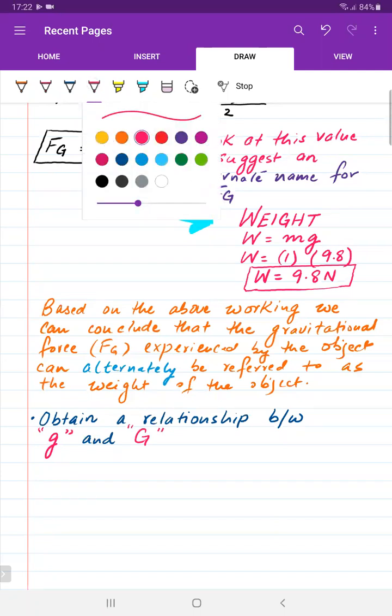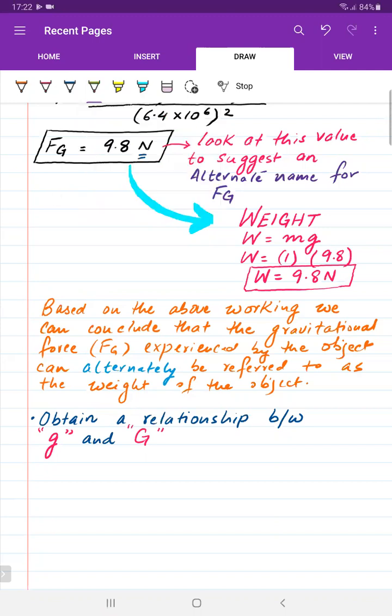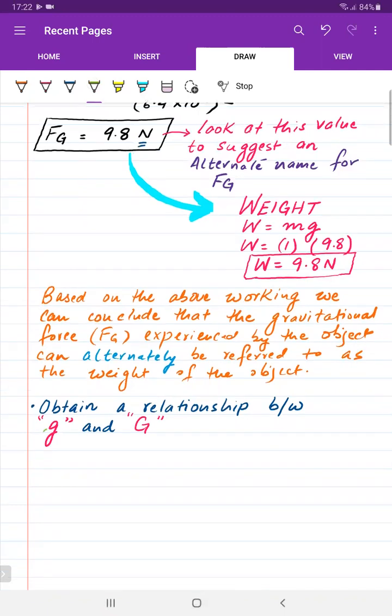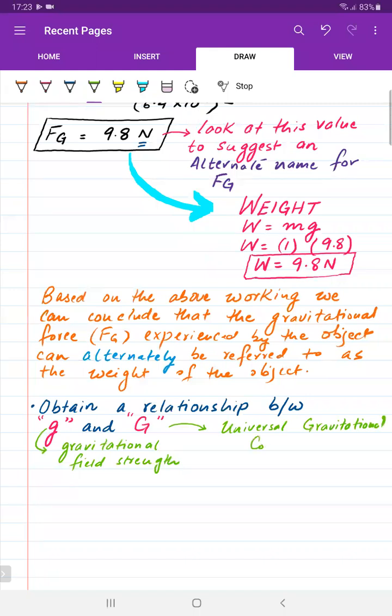For those of you जिनको नाम याद करना थोड़ा सा मुश्किल लगता हो, मैं एक दफा दोबारा से दोनों टर्म्स के नाम साइड बाय साइड लिख लूं. So small g from now onwards should be referred to by the term, याद रहे तो पूरा टर्म यूज कर लेना, gravitational field strength, and capital G should be represented by the term universal gravitational constant.